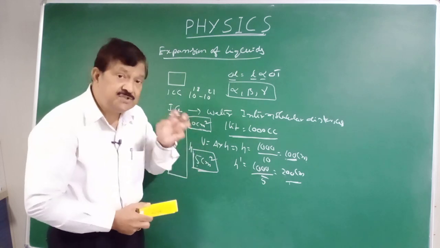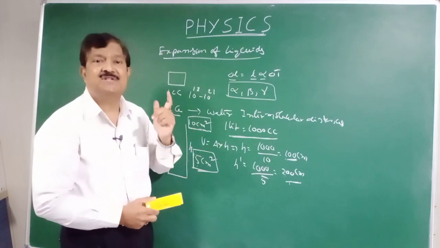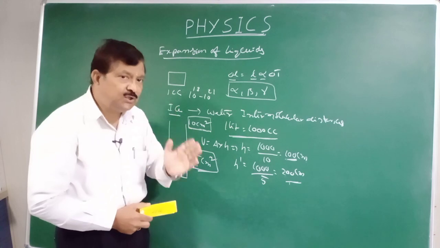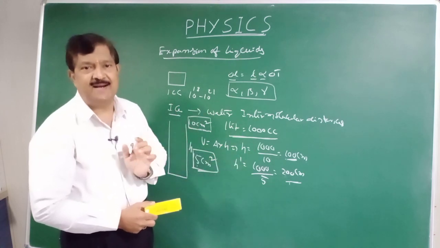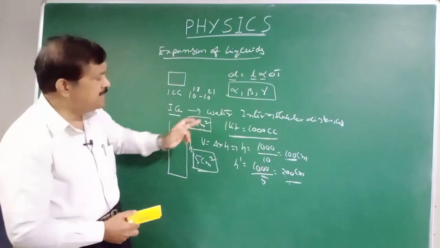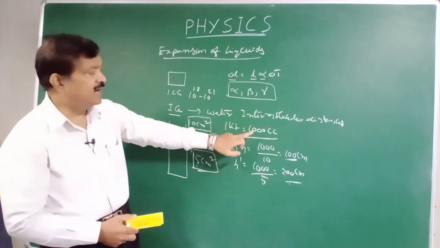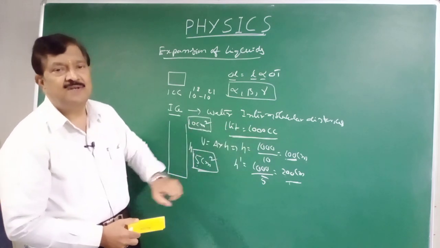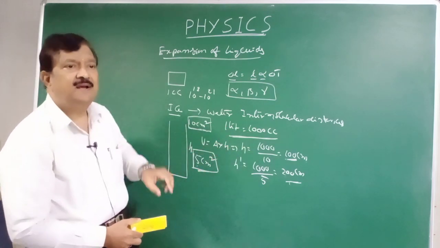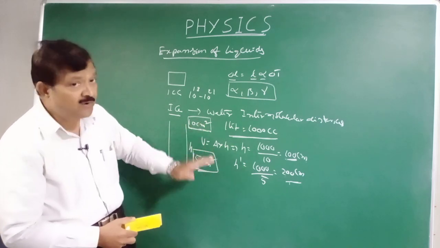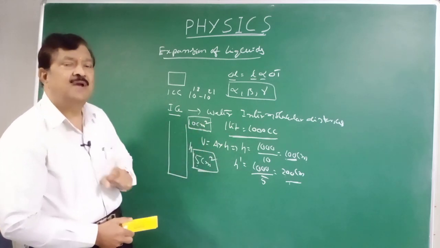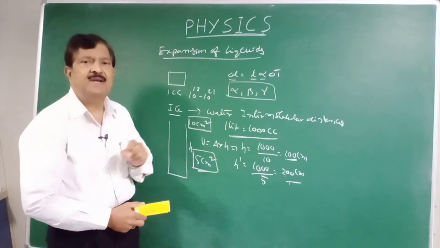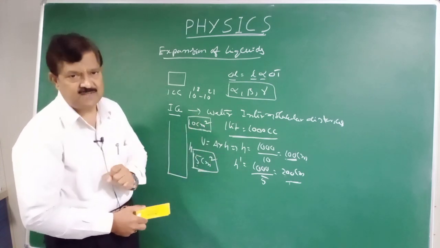With the container changing, they will also change. Very clearly, they do not represent the property of the material. But whatever container you are taking, volume of the liquid remains constant. So hence, we can study the expansion of volume only in case of liquids. So this is one important difference between solids expansion and liquids expansion.